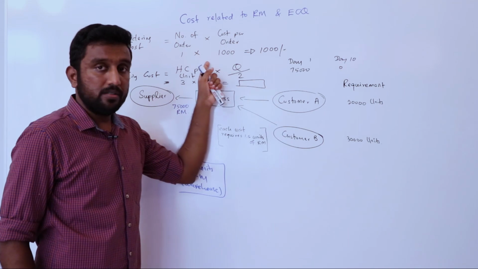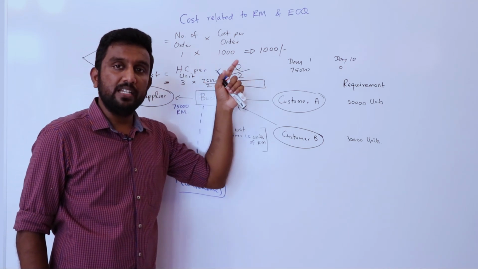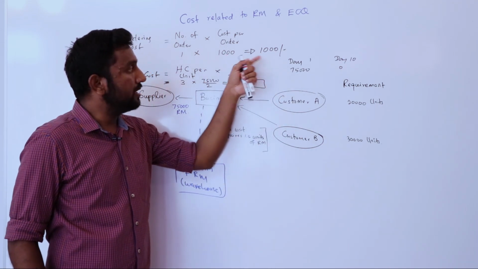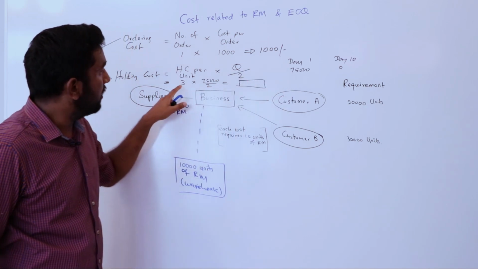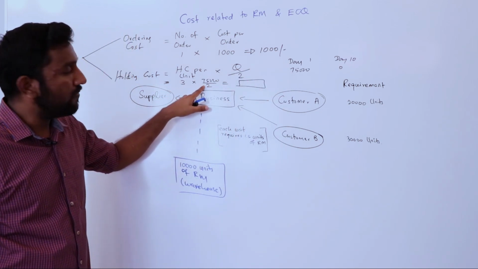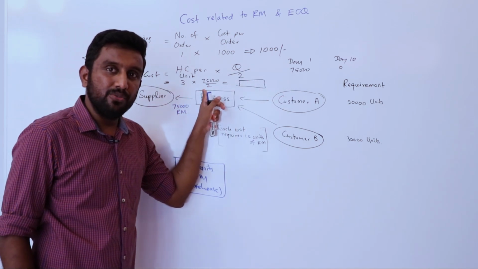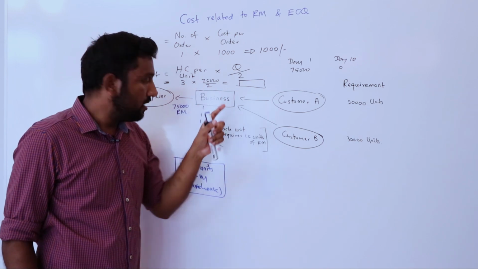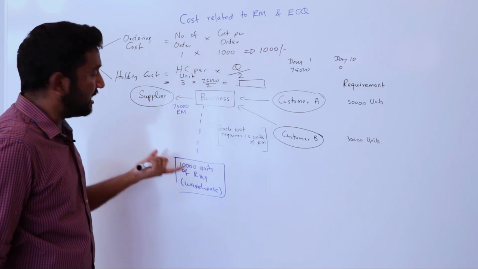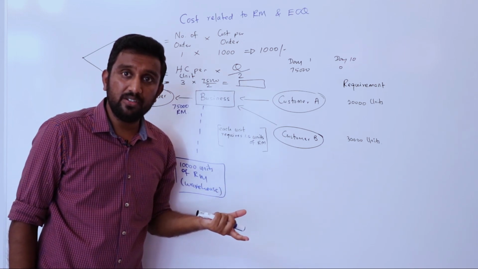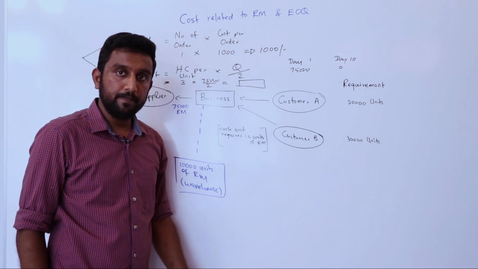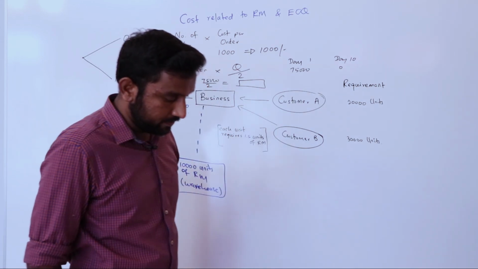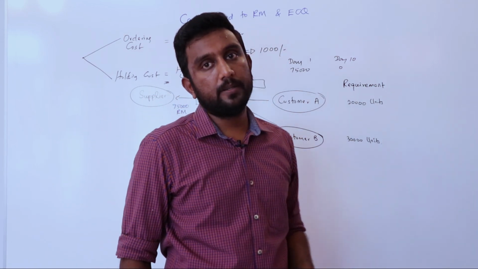So 10 orders, again 1,000, because that is the cost per one order, so 10,000. Here I'm not going to have 75,000 units, I'm going to have only maybe 7,500 units in one order, in one slot. So my holding cost will be less.